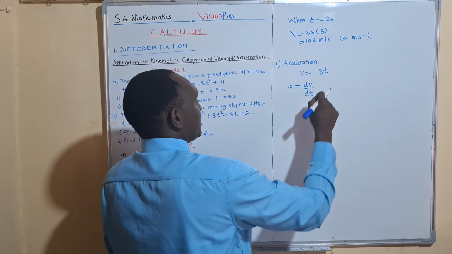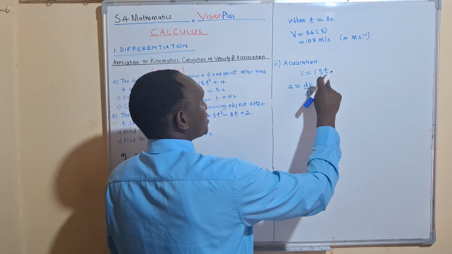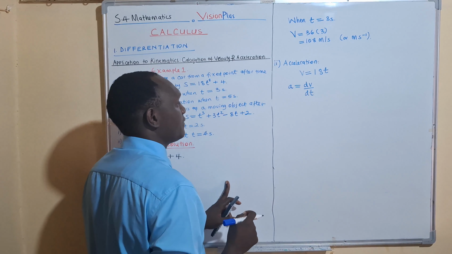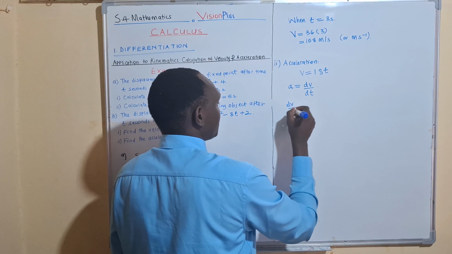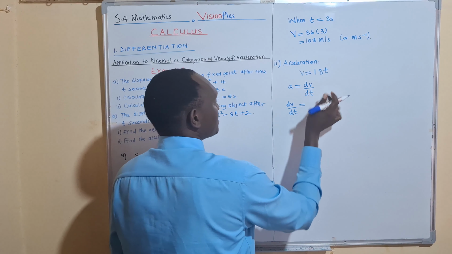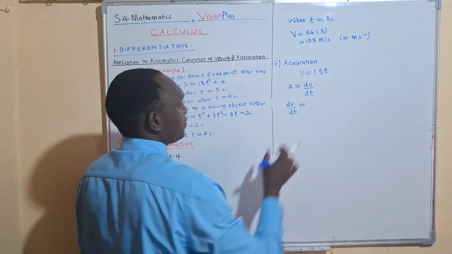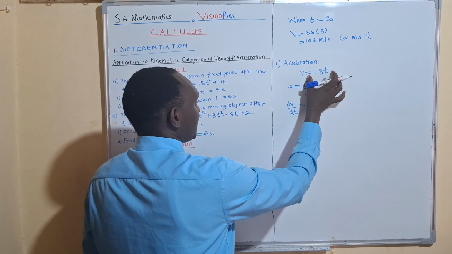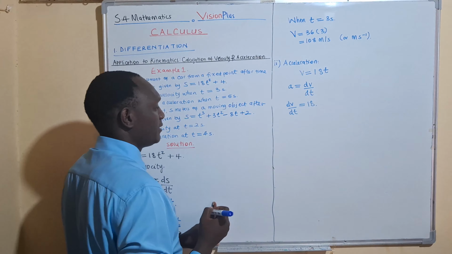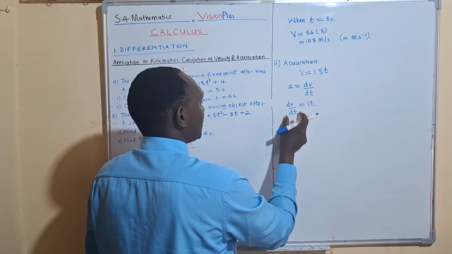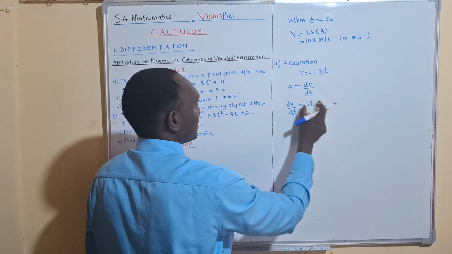So we need to get dv/dt, that is the rate of change of velocity. That means we need to differentiate the function for velocity at any time t. When we differentiate 36t, it gives us 36 only. So the rate of change of velocity is 36.